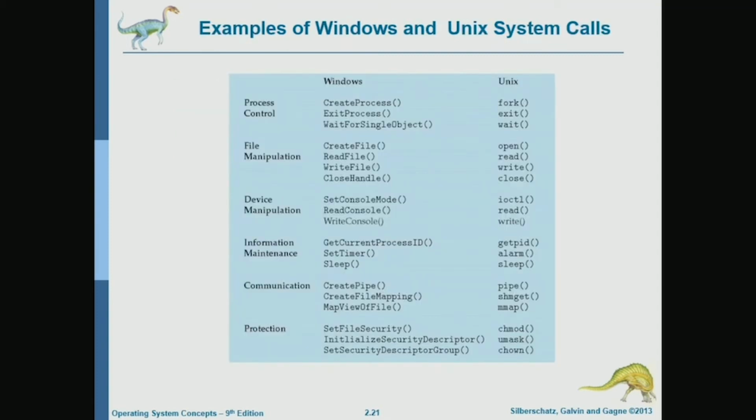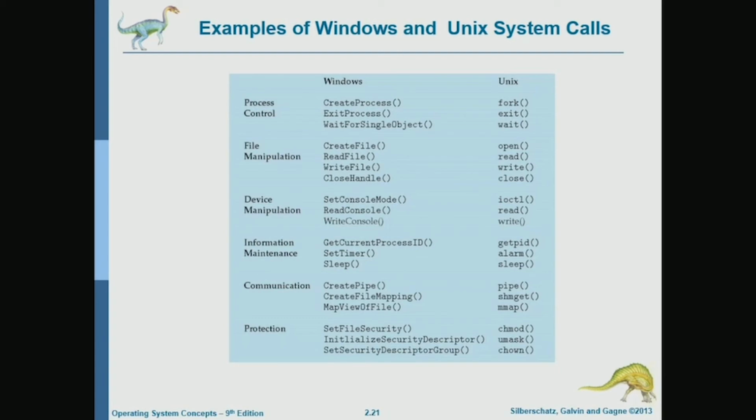So these are examples of system calls. And here are some examples of actual system calls on Windows and Unix. For example, on Windows, there is a system call for creating a process. It's called create process. On Unix, there is fork.